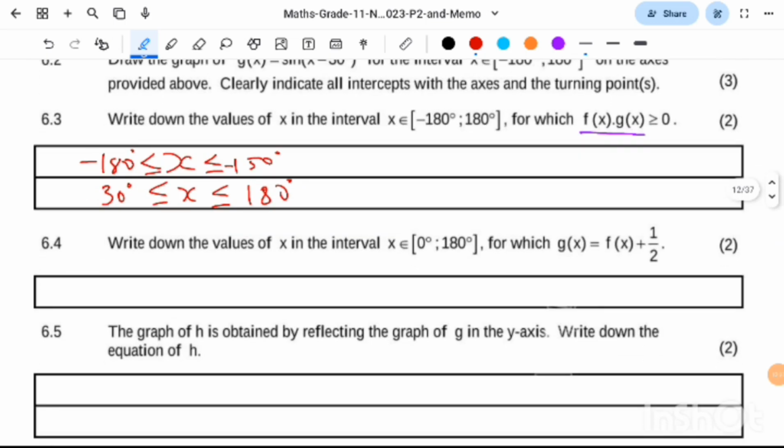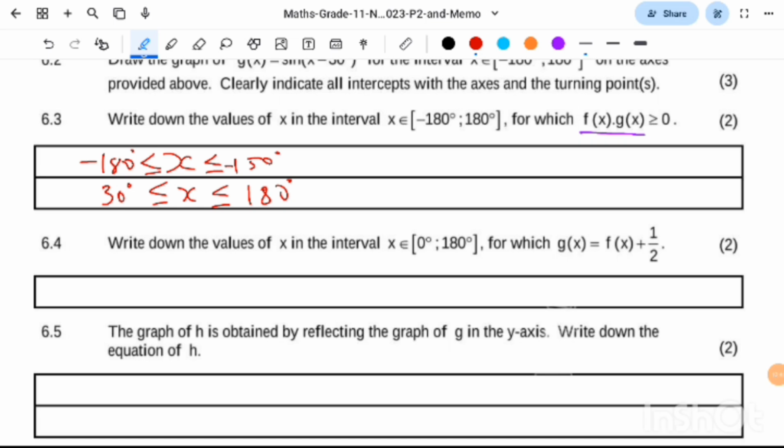Now the next question says write down the values of x in the interval x element of 0 degrees to 180 for which g of x is equal to f of x plus half. Now we're given a condition to only look at 0 degrees until 180, right? Where g of x is equal to f of x plus half.